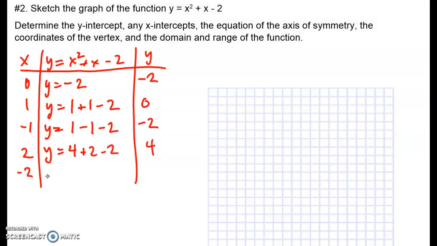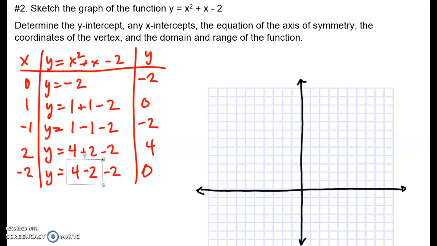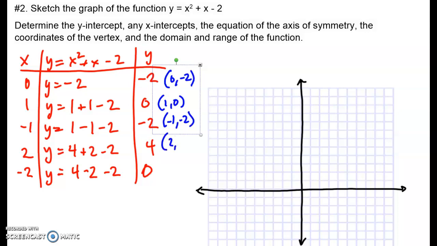And let's try minus 2. 4 minus 2 minus 2 is 0. Okay, so if you can't see them, we'll write our x and our y coordinates here. That's 0 is the x and -2 is the y. 1, 0, -1, -2, 2, 4, and -2, 0.